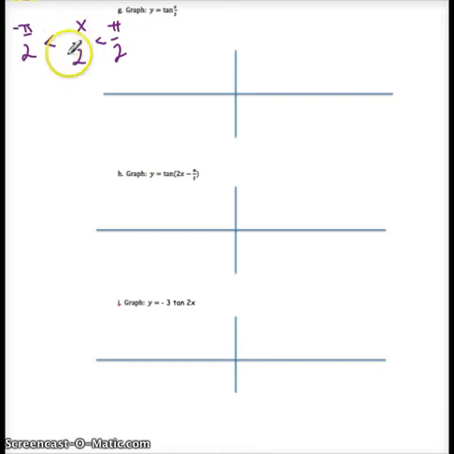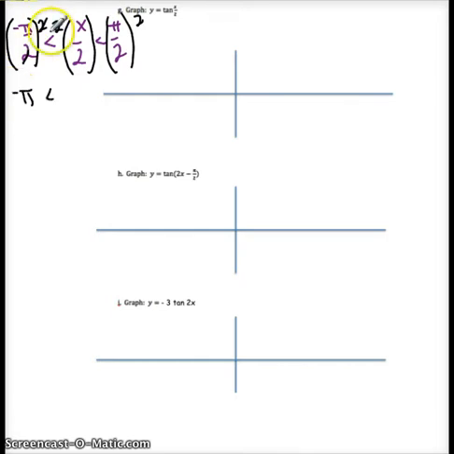In order to isolate x, we would multiply each portion of the inequality by 2. In this case, the 2's cancel, and we have negative pi is less than x is less than positive pi. So this tells me that my asymptotes stretched out from negative pi over 2 to negative pi, and from positive pi over 2 to positive pi.